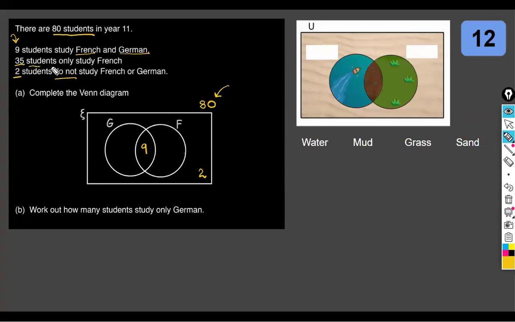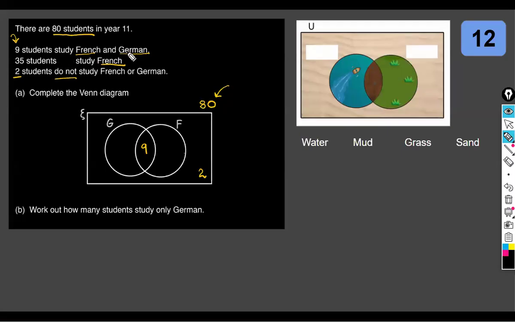35 students only study French. If the question was phrased differently, right? If the examiner had left out the word only, I'm just saying if, right? Can't believe I got this wrong.